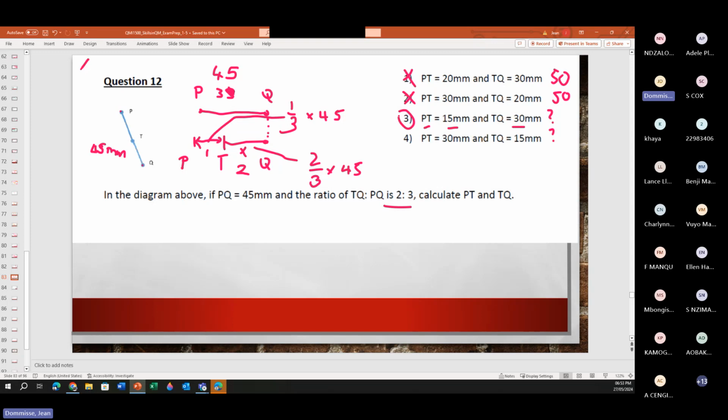Okay. So for me, and I think this should actually be TQ in relation to PQ with 2 over 3.